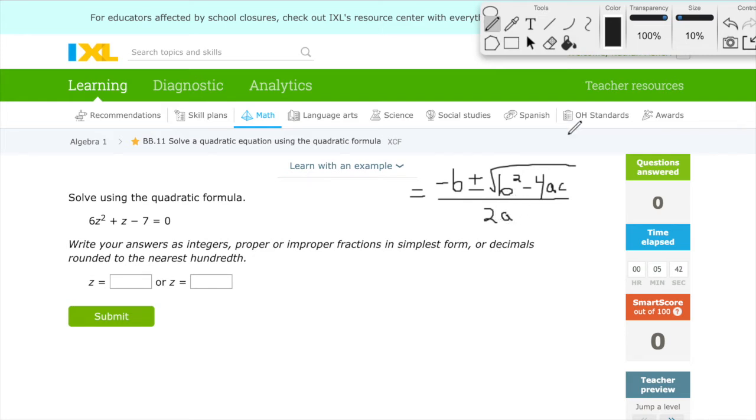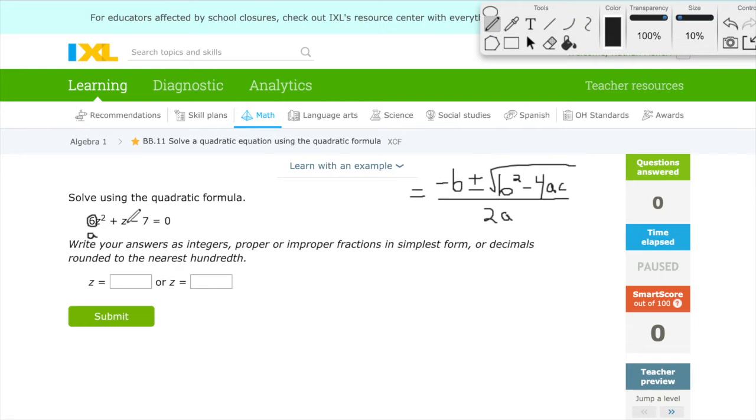And after all that big formula, you might be thinking to yourself, okay, well, where do a, b, and c come from? Remember when this gets introduced that you have three coefficients in a quadratic here. You have your first number. That's always your a, whatever is attached to the squared. You have your second number, and if there's nothing here, let's show that would be a 1.